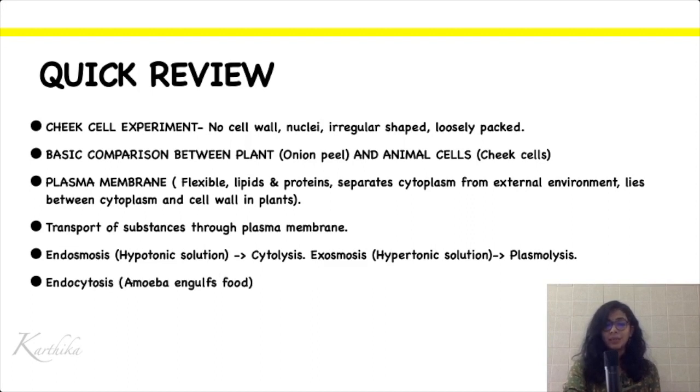And then we learnt about endocytosis, the process by which the amoeba engulfs food and how the plasma membrane helps it. Then we learnt about the cell wall, that it's made of cellulose, it's strong and rigid, and its significance in preventing cell bursting and the spoiling of the structure of plants.